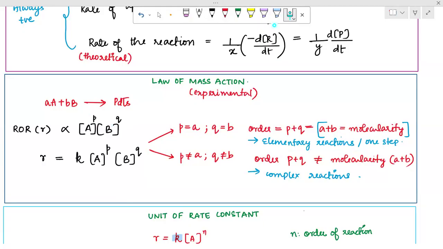While there are reactions where the sum of the powers won't be equal to the sum of the coefficients, and such reactions are complex reactions, which we'll be discussing in detail in part 2 of chemical kinetics. Now, whatever proportionality sign is over here, we eliminate that by adding a proportionality constant. That proportionality constant is called the rate constant; velocity constant and specific rate are some of the common names given to the small letter k.